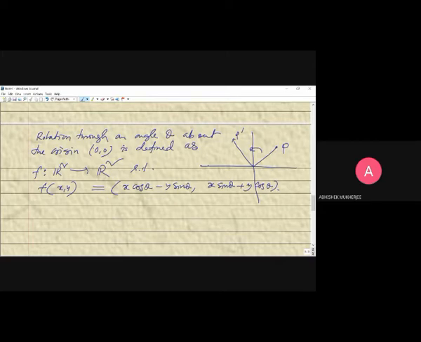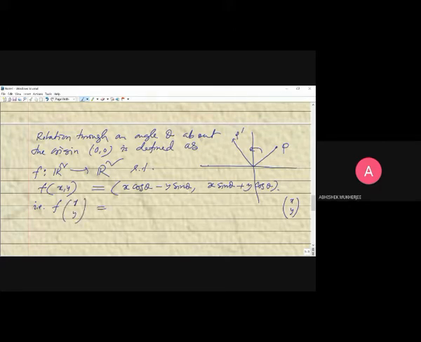Right? Now if you look at this definition very minutely, if you consider this (x, y) as a column vector, a column matrix, then you will find another beautiful observation behind this definition.